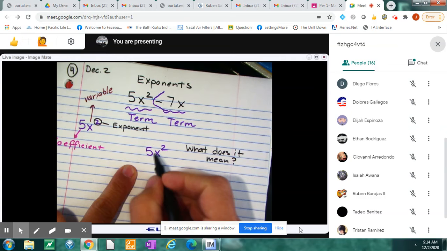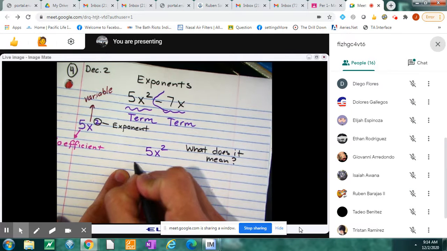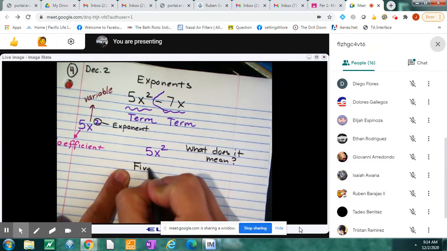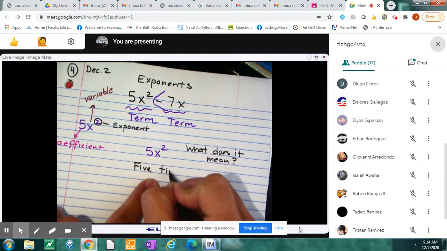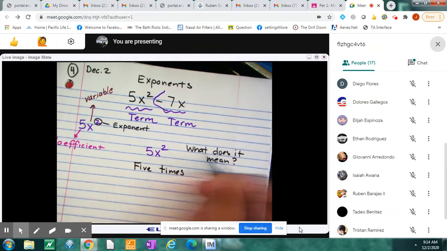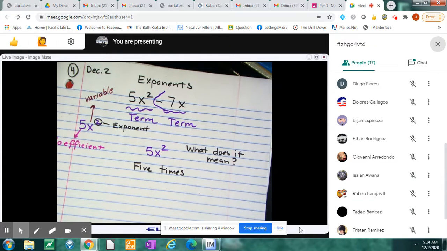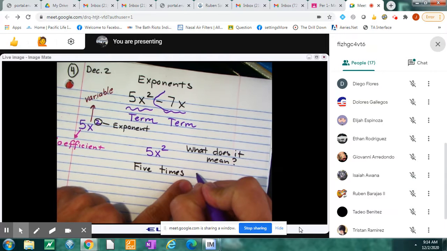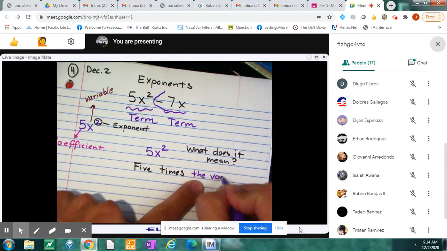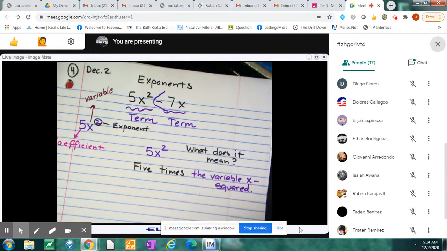It means 5 times the variable x squared.